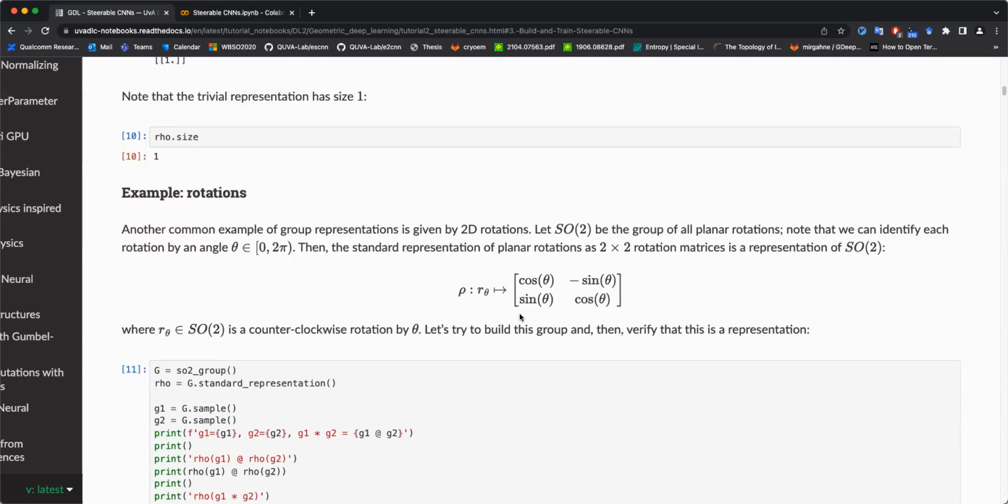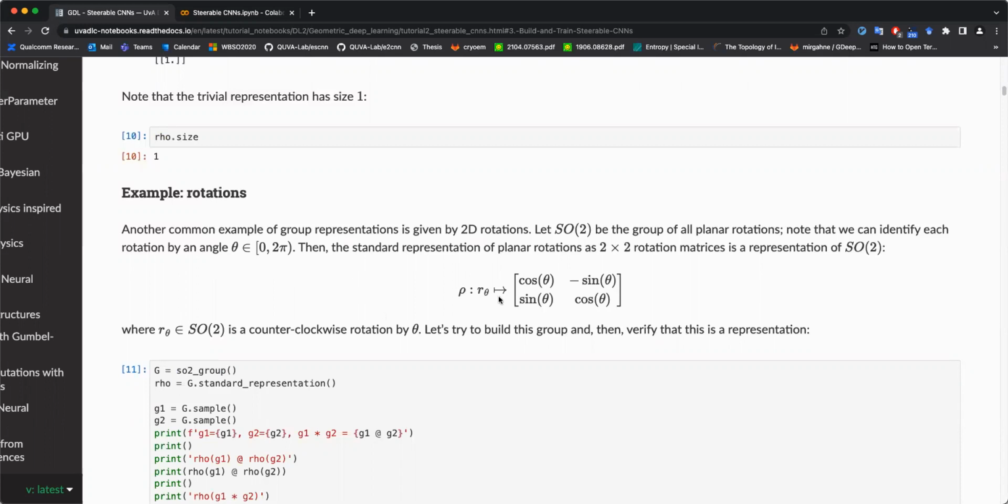Imagine we abstract a bit away, and we think about elements of the group as angles between 0 and 2 pi. And this map that associates to the angle theta this 2x2 matrix is a representation of the group.